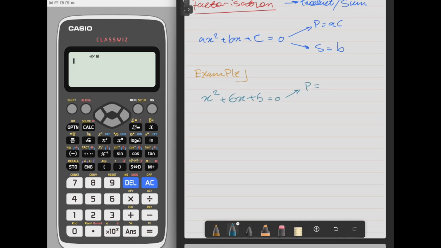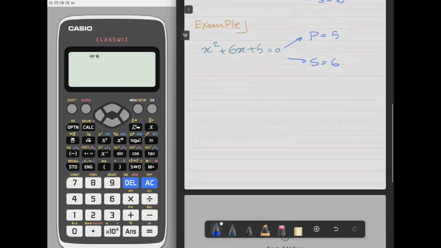Product is equal to, here the a is 1, the 1 is invisible. Product is 1 times 5, 5. And the sum is equal to 6. So, what are the two numbers whose product will be 5 and sum will be 6?